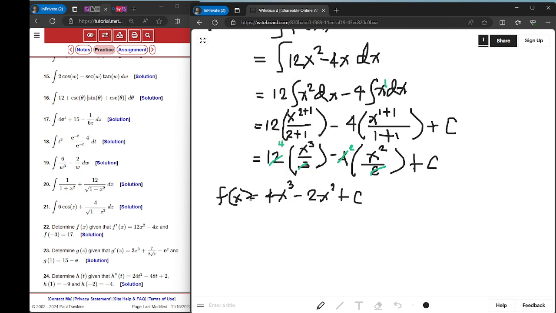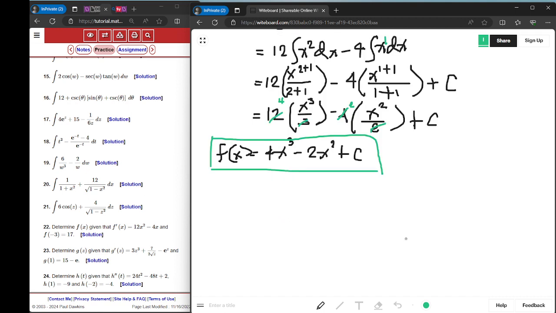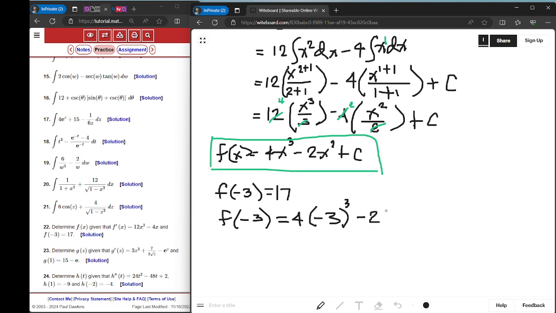And we have here a condition. So let's put here a box. So that means this is our solution. We have a condition that f of negative 3 is equal to 17. So if this is f of negative 3, our equation will become 4 times negative 3 cubed minus 2 times negative 3 squared plus c, and based on the condition, this is equal to 17.